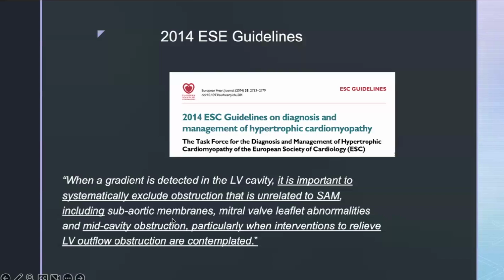And this is specifically important when hypertrophic cardiomyopathy interventions are being considered. This is a hypertrophic cardiomyopathy guideline, but I think we can apply these recommendations to overall looking for intracavitary gradients.